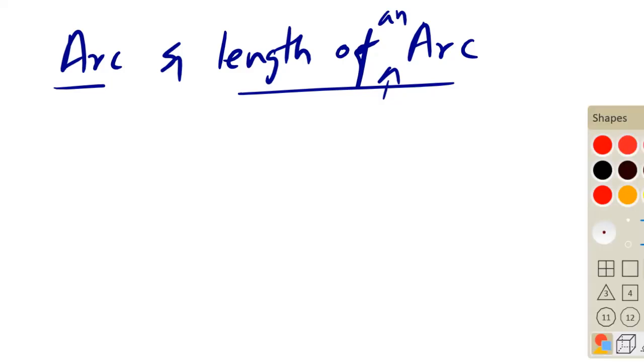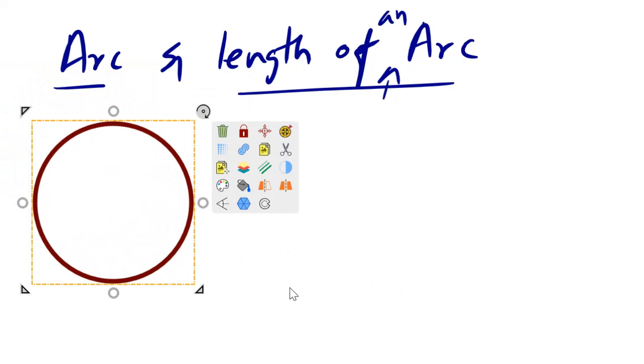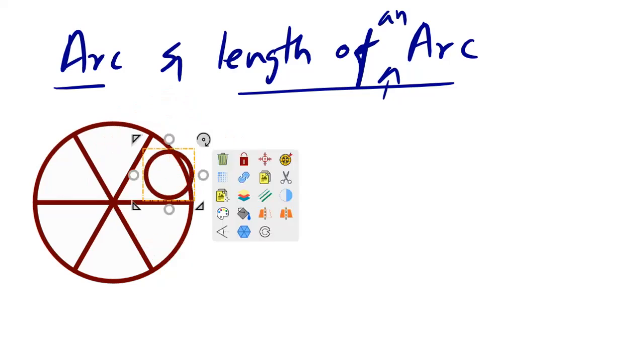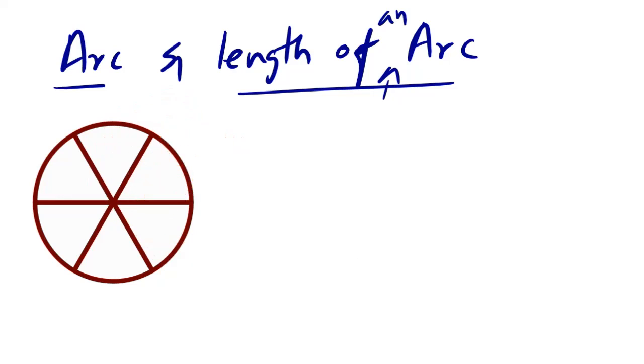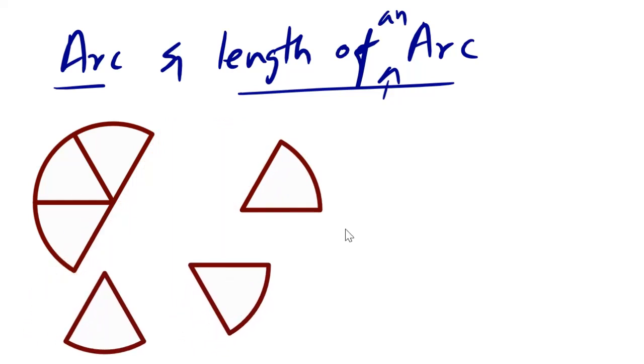If a sector is talking about the area of a circle, an arc is a part of a circle. This is a circle. When you divided the circle into sectors, you got sectors like this, right?